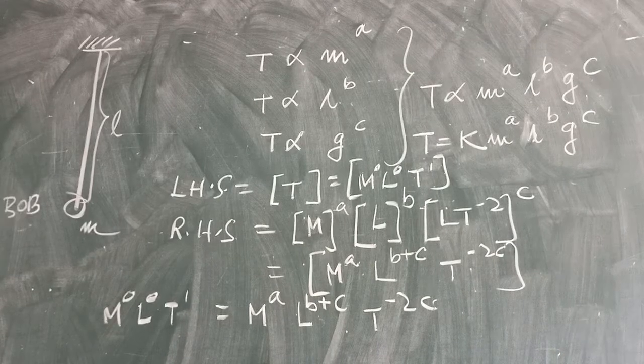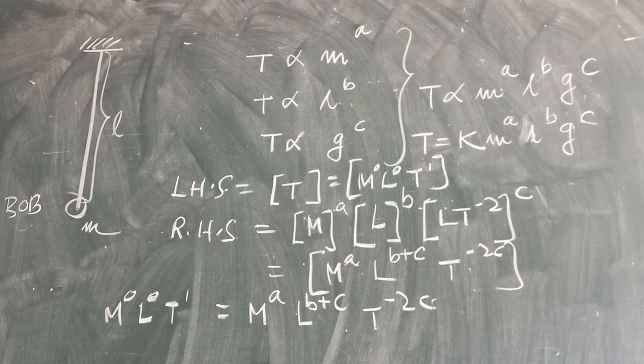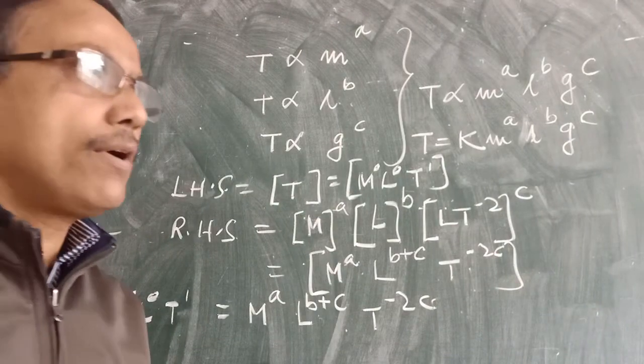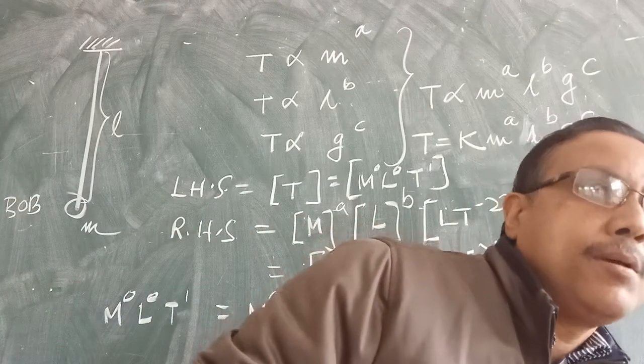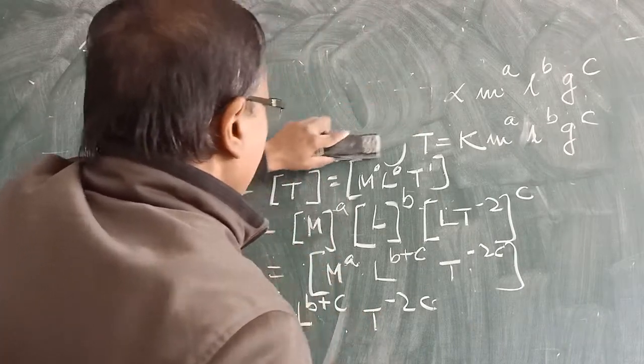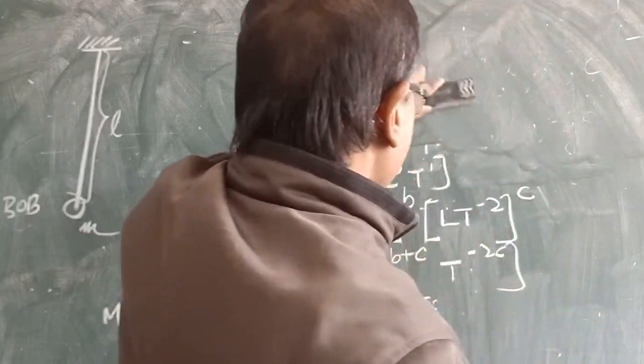Okay. Now what will we do? This is actually an identity. So we have to equate the powers. To find the values of a, b and c, we need to equate the powers. So I'll do that over here. When you equate the powers, what do you get?